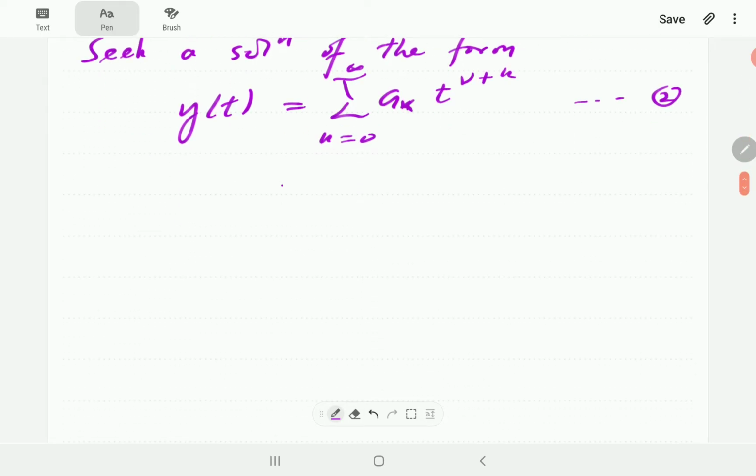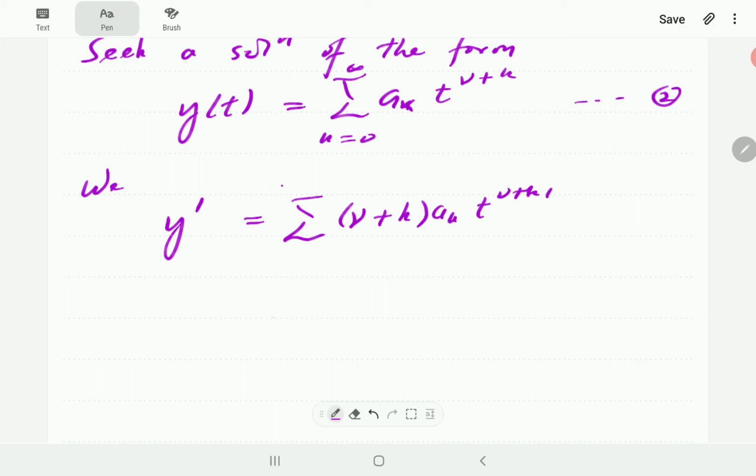Now if we differentiate this, we are going to have the following. Differentiating gives us (nu plus k) a_k t to the power nu plus k minus 1. Still k goes from 0 to infinity.